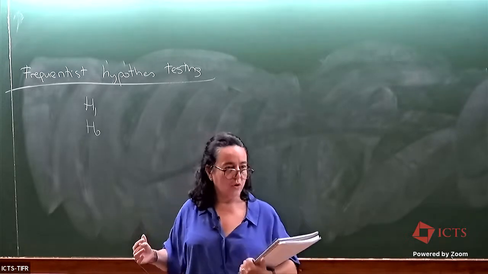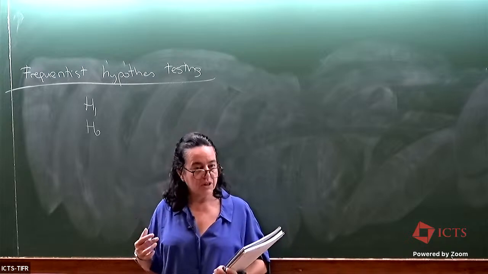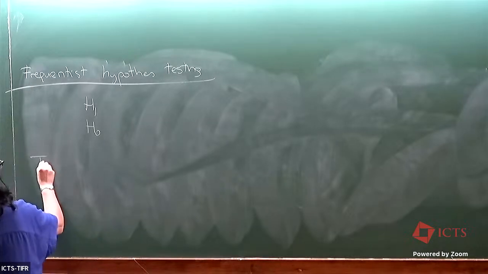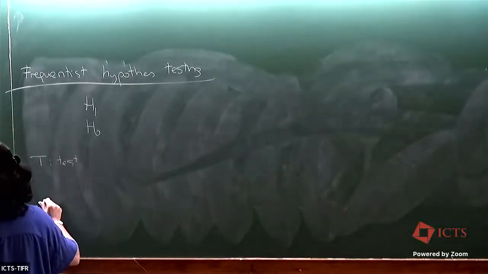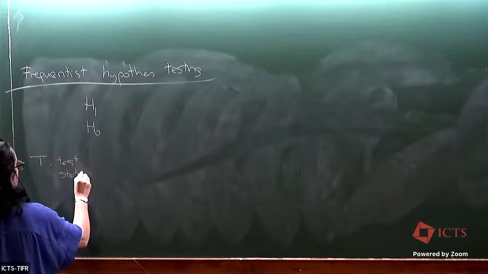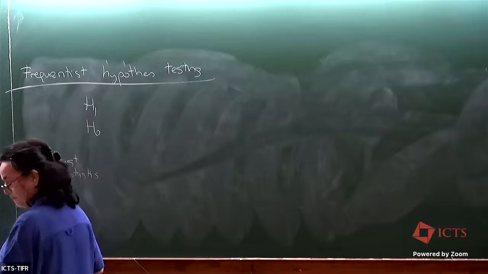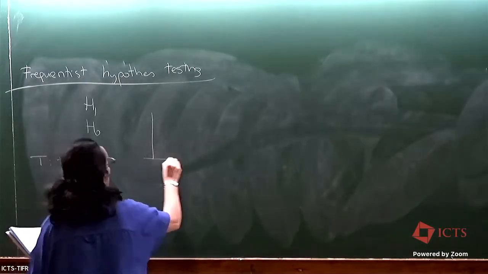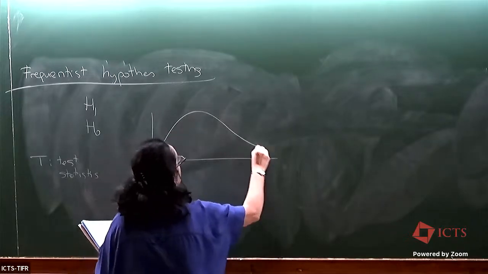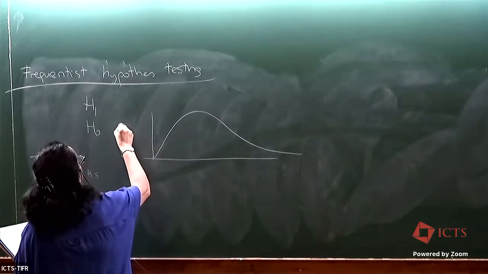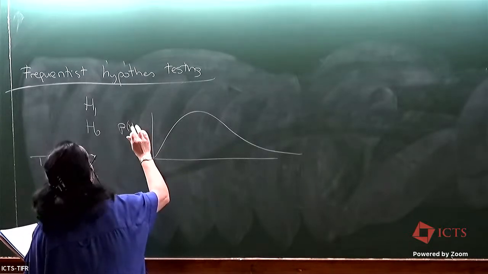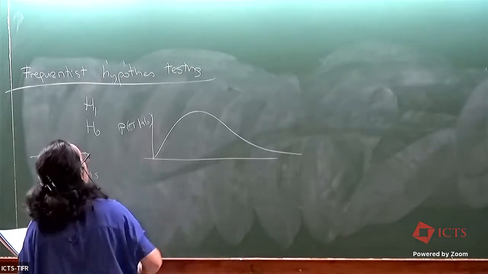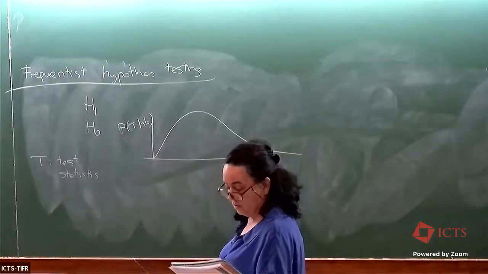So what I have to do is to come up with a certain test. So I can have T, that is my test, or my statistic. And what I have to deduce or construct is the probability distribution of the results of this test, given that the null hypothesis is true.